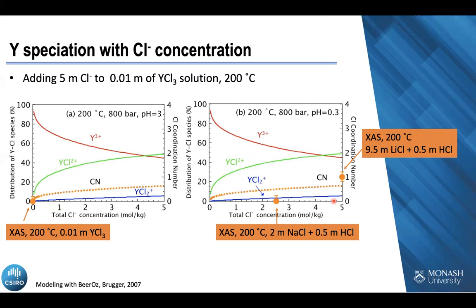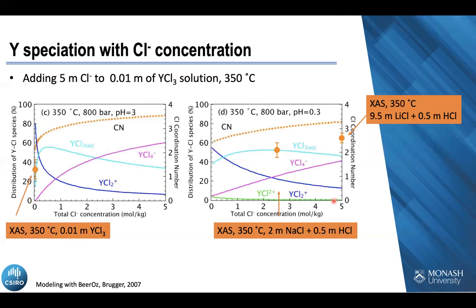So we see that in both pH conditions at 200 degrees, aqueous yttrium remains predominant in the solution. At 300 degrees, the story is slightly different. When pH is 3, at low chloride concentration YCl3 is dominant in the solution, but afterwards it is YCl4.